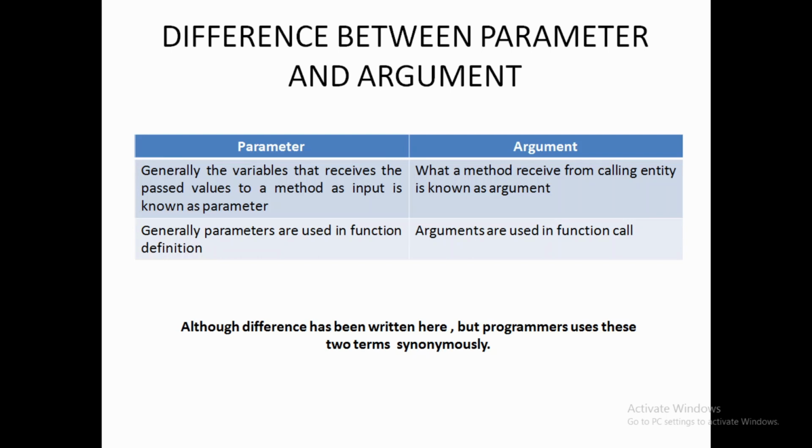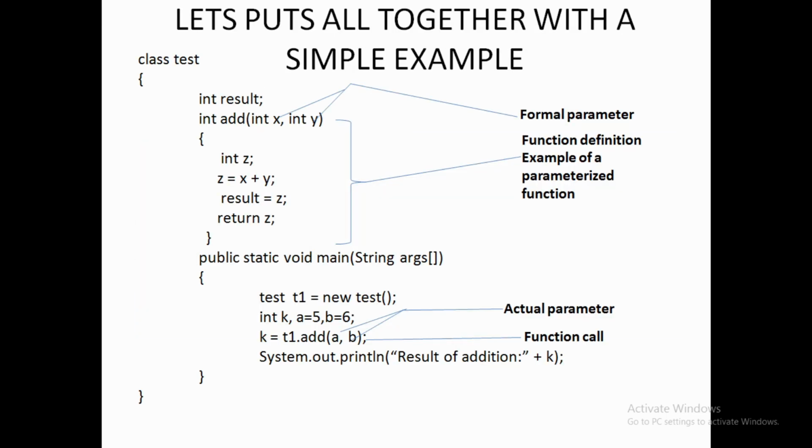For the sake of question answer, I have given this definition. What I meant here is that parameters are those which are used in the function definition, and the arguments are those which are used in the function call.